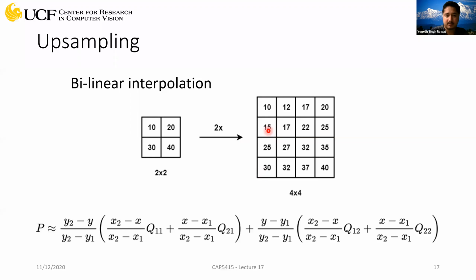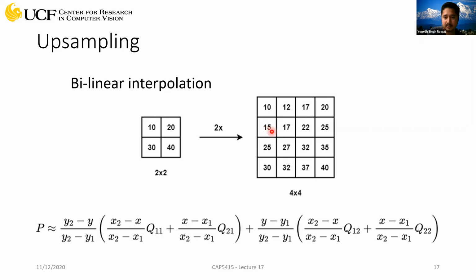I will take a weighted average of these two values, and based on how far away this pixel location is from these two locations, I will use those distances as weights. Let's figure out how we can do that.